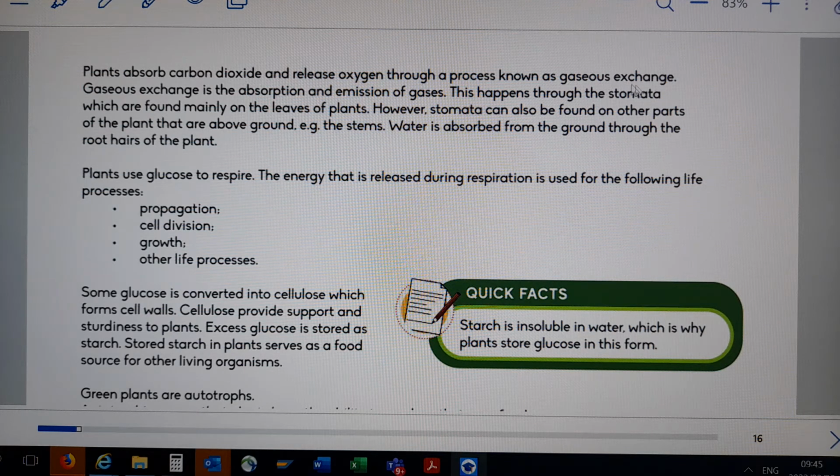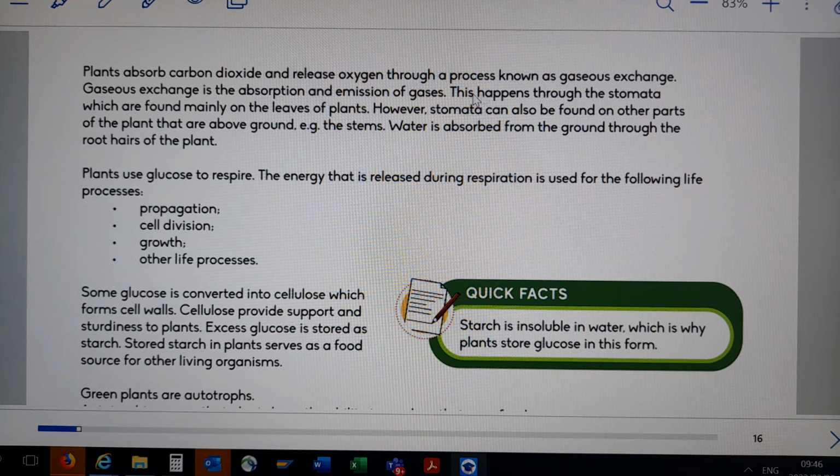Please note this. Gaseous exchange is when plants absorb carbon dioxide and they release oxygen. Gaseous exchange is the absorption and emission of gases. Absorption is to absorb, emission is to release to the atmosphere.